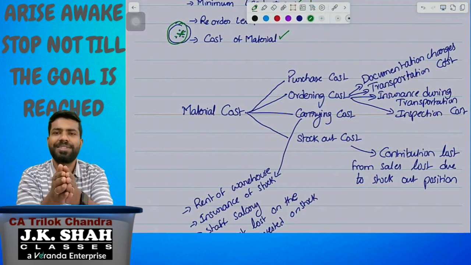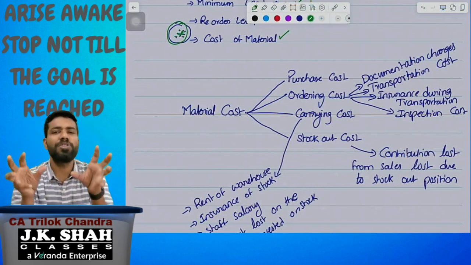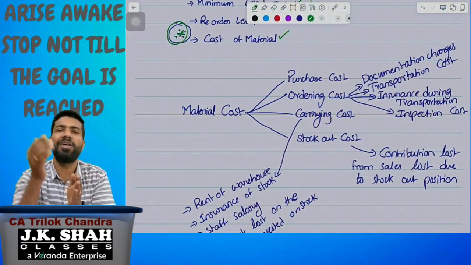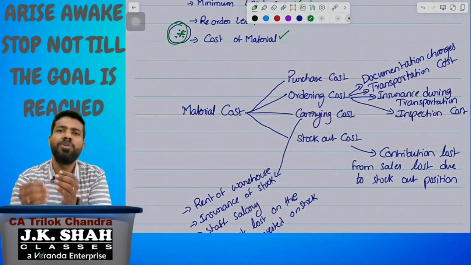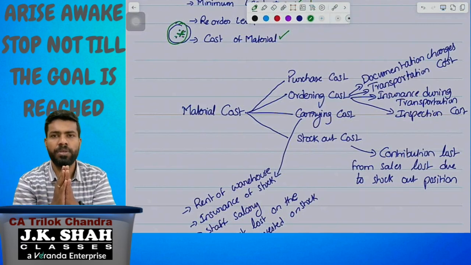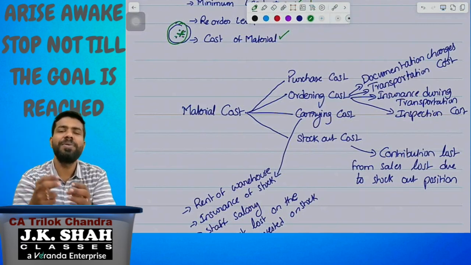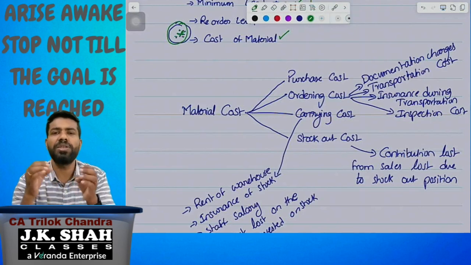Number 2, ordering cost. I already discussed this when we were discussing the procurement process. There are certain processes and internal controls to place the order. What does ordering cost mean? The cost incurred to place the order and to receive the goods. At the time of placing the order, there will be certain documentation charges, transportation cost, insurance during the transportation, and inspection cost.